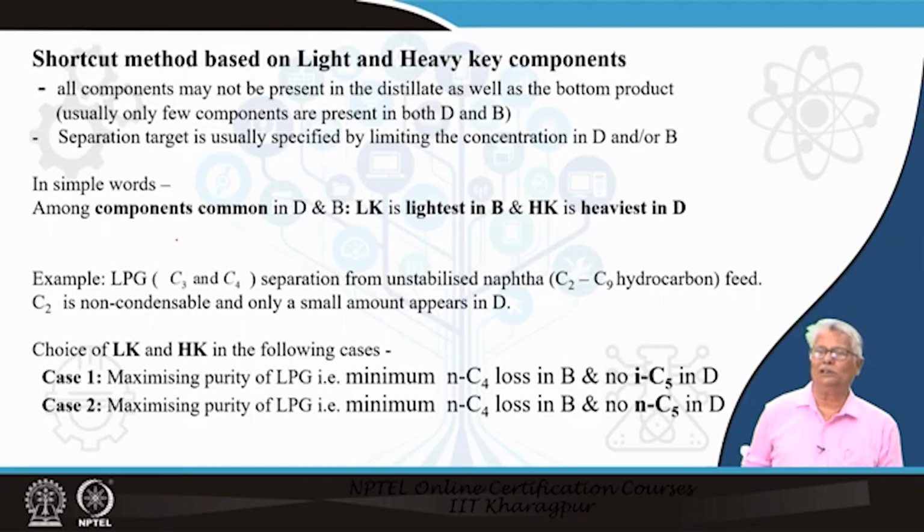We go for another example, in fact. We talk about a column in which the target is to separate LPG, mostly C3 and C4 hydrocarbons, from a mixture of naphtha which contains C2 to C9 hydrocarbons.